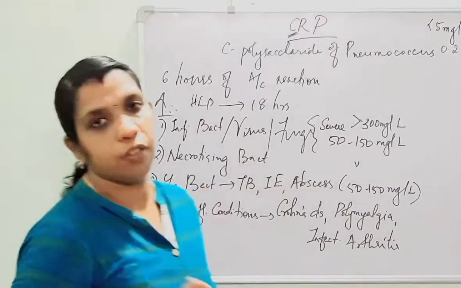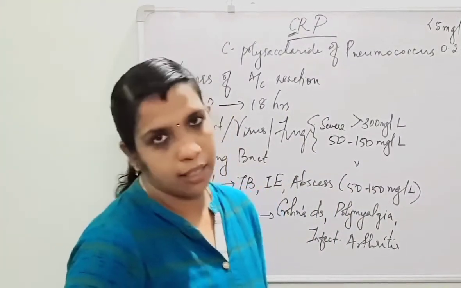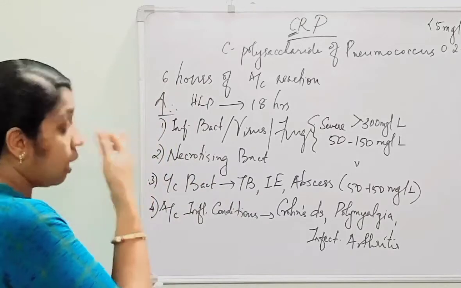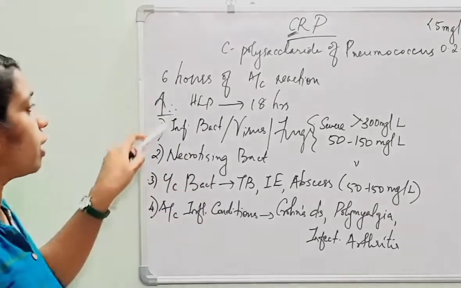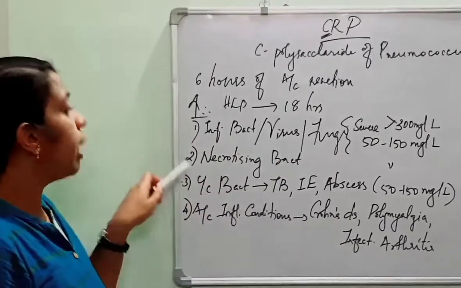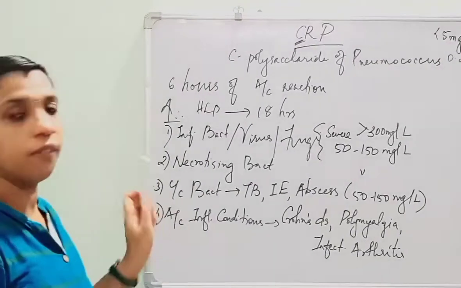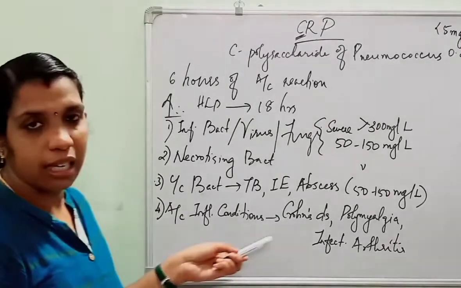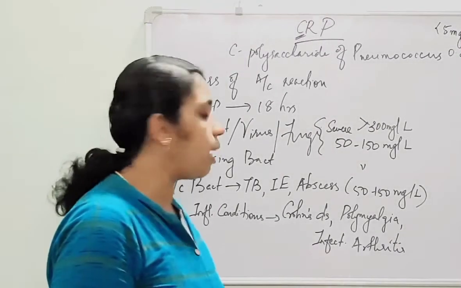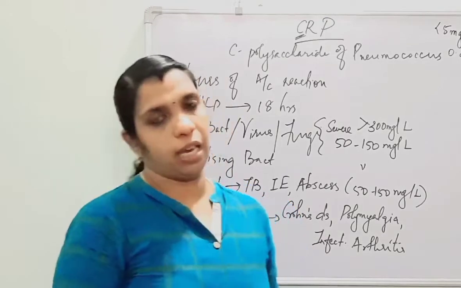It will be between 50 to 150 milligram per liter. You understand? So these are the instances where CRP will be increased: infection with bacteria, virus, fungi, necrotizing bacterial infection, chronic bacterial infection, and also acute inflammatory conditions such as Crohn's disease, polymyalgia, infective arthritis.